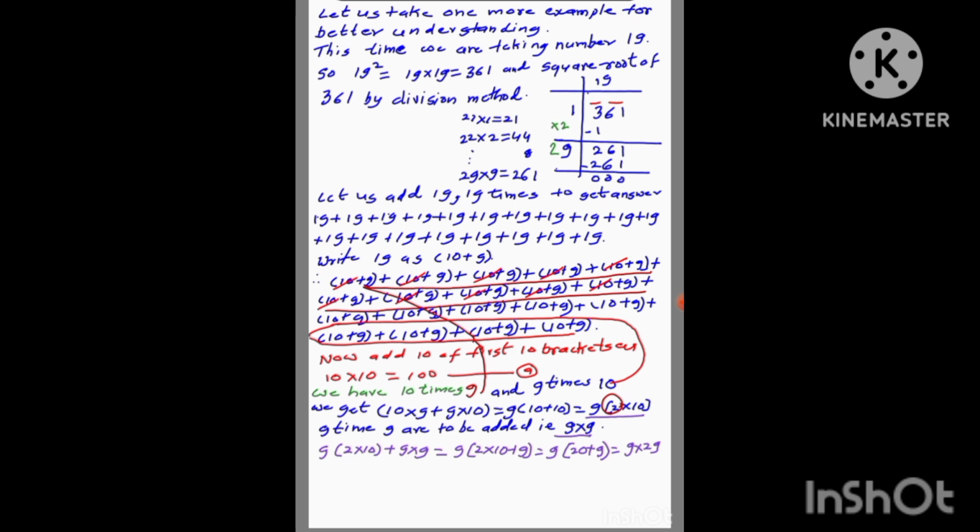Just see. This 29 I am taking it from here, and this 9 there. So this comes out to be 261, and if we add that 100 to 261, you are getting 361. So we have seen from where we multiply this divisor by 2.